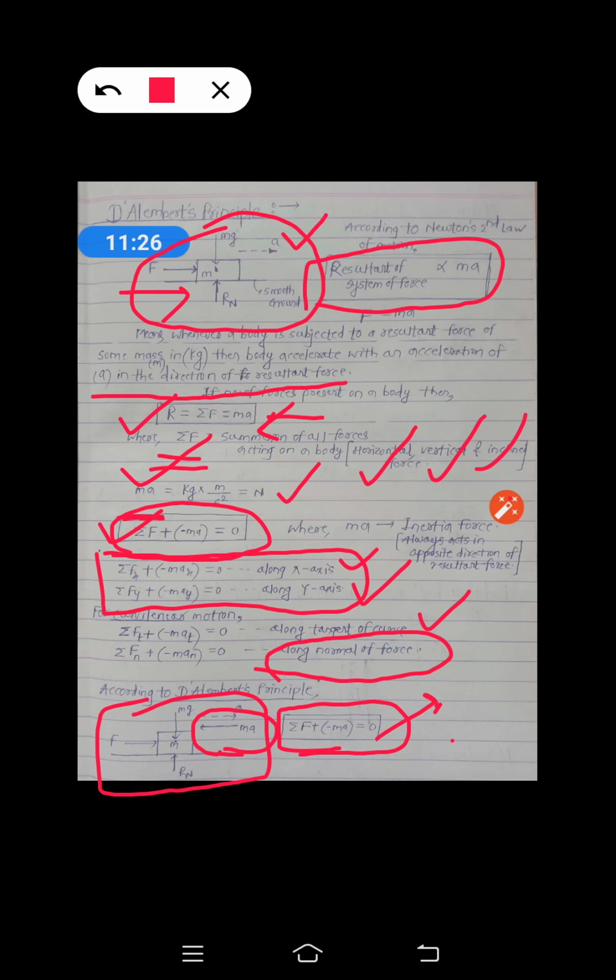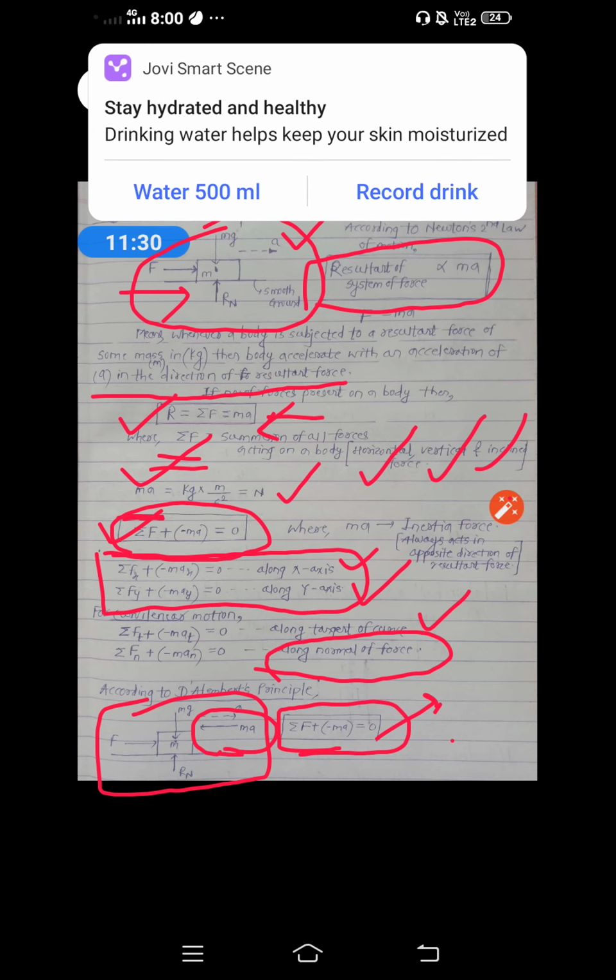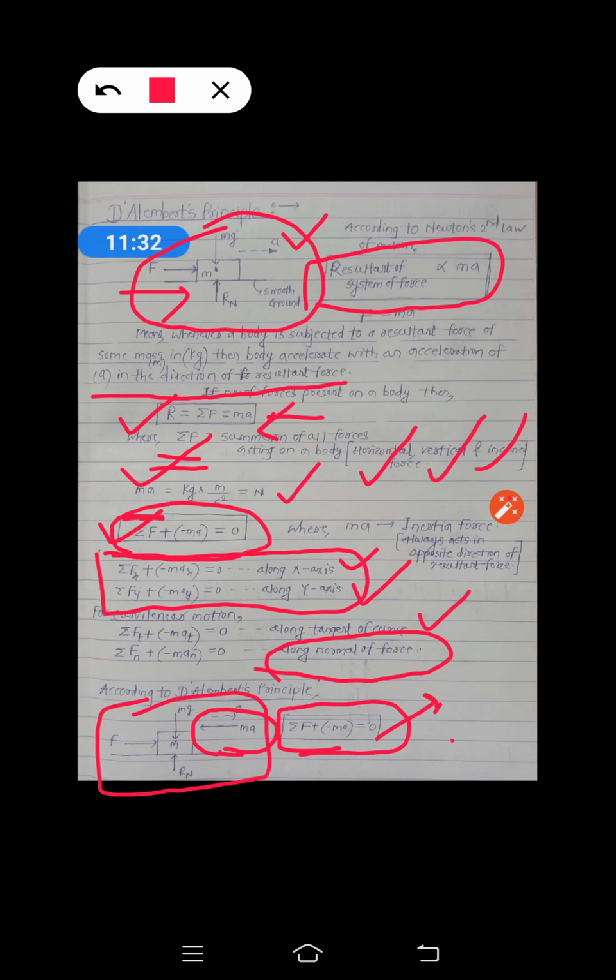See here, students, summation of F means the force acting over the body. At the same time one more force is acting, but it is in the opposite direction of the applied force, that is ma, inertia force. So this summation of F and this ma should be equal.